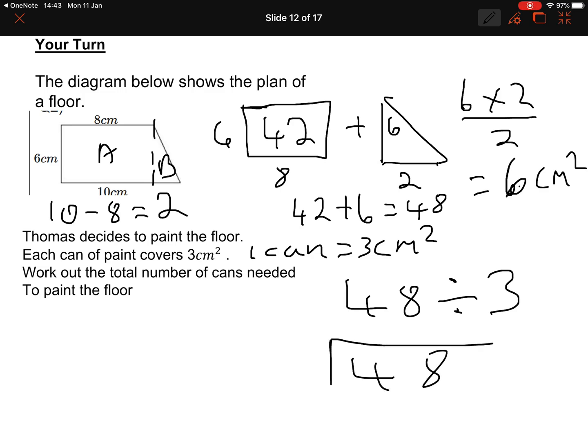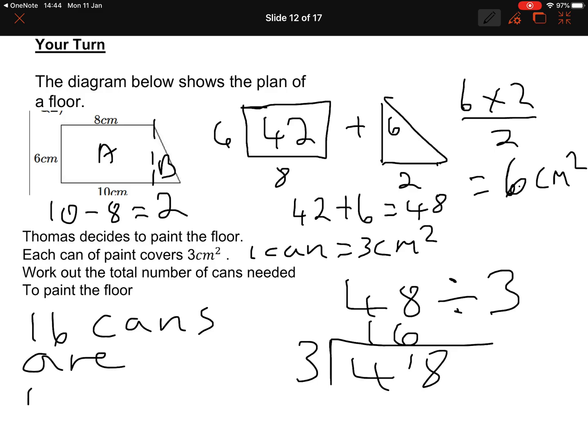You can use the bus stop method for this, or you can do it in your head. 3 into 4 goes once, remainder 1, and 3 into 18 goes 6 times. So 16 cans are needed.